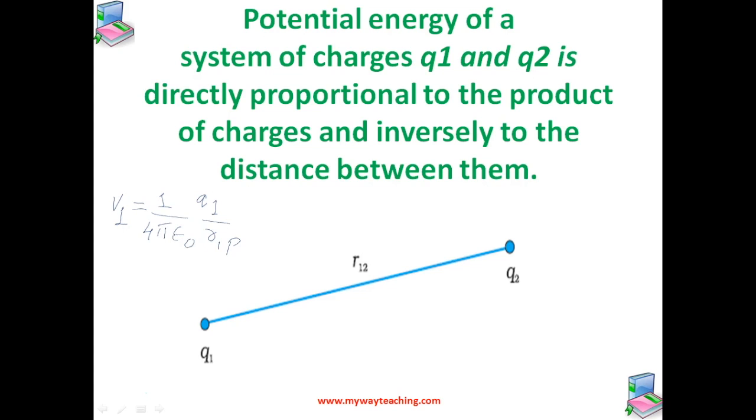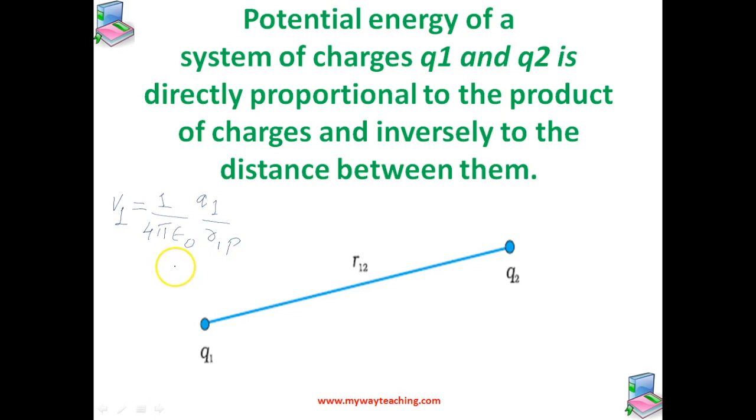From the definition of potential, work done in bringing charge Q2 from infinity to point R2 is Q2 times the potential at R2 due to Q1.